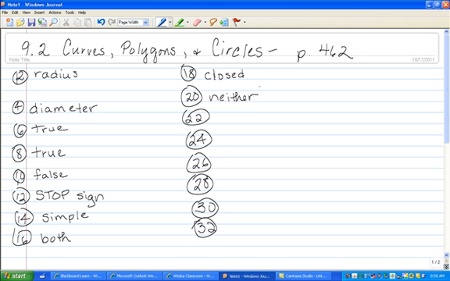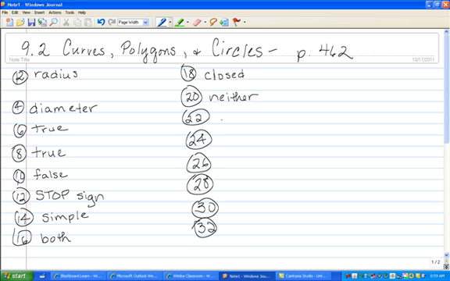22, we're talking about whether the figure is convex or not convex. Remember, convex means that for any two points we choose inside the figure, when we join them with a straight line segment, the line will be entirely within the object.